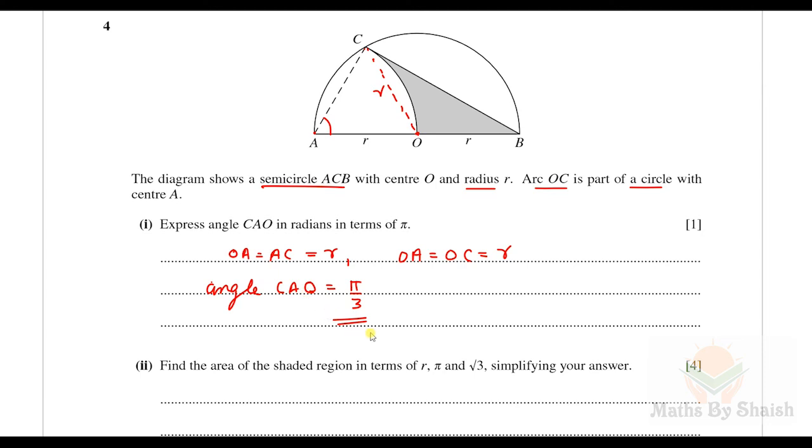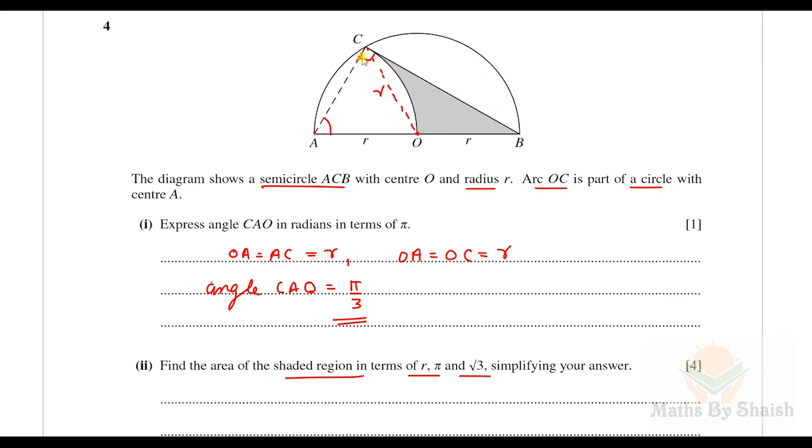And the second part is to find the area of the shaded region in terms of r, pi and root 3, simplifying your answer. We know that we can find the shaded area if we get the area of this triangle, which is of course a right angle triangle, because the angle in a semicircle is always a right angle.